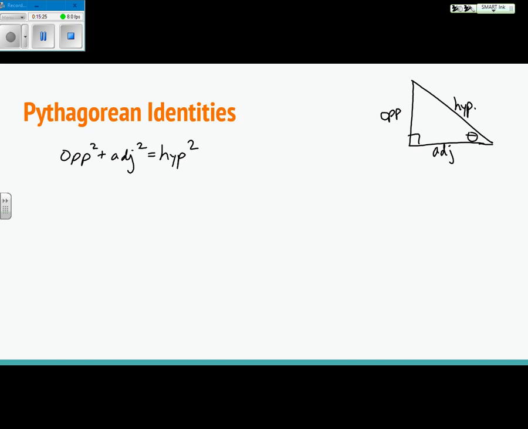And the way that we come up with these three Pythagorean identities is we just take turns dividing by a different side of the right triangle. For instance, I'm going to divide by the hypotenuse first. I'm going to divide everything by the hypotenuse. Well, that gives me opposite over hypotenuse. Which trig function is that?